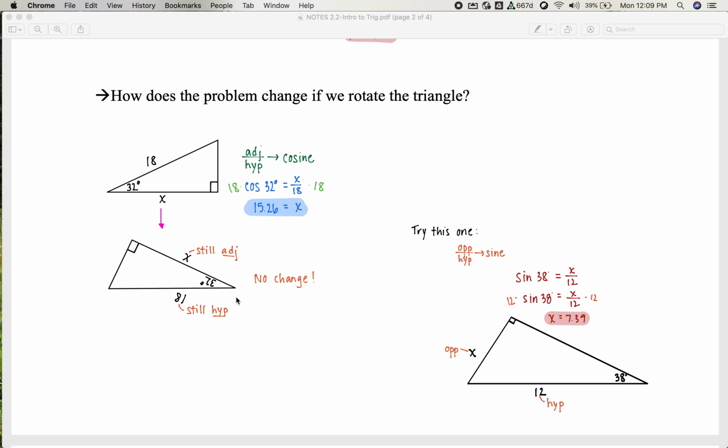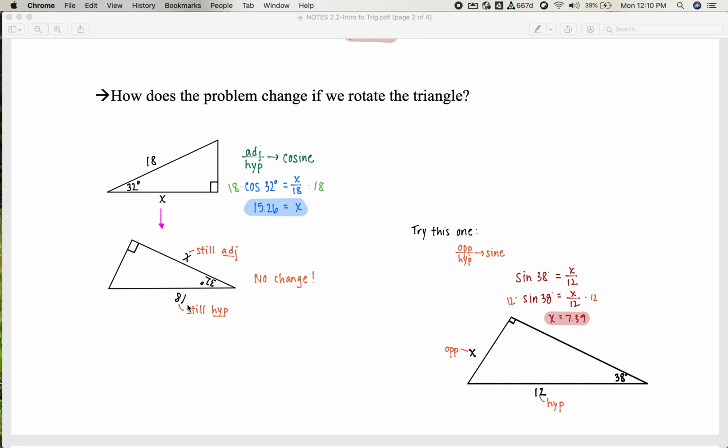But let's take a look at how we can figure this out without having to turn our paper. I'm going to start off by finding the angle, and I'm going to make it my first job to figure out if the sides that I'm looking at are opposite, adjacent, or hypotenuse. Just like in the original orientation, I do not know the opposite. What I do know is the hypotenuse across from the right angle, and then the side right next to the angle, which is adjacent.